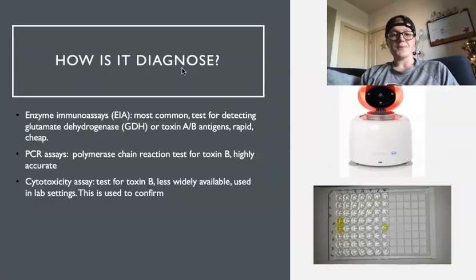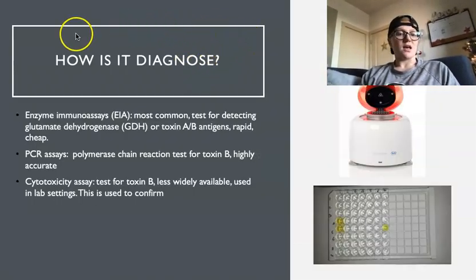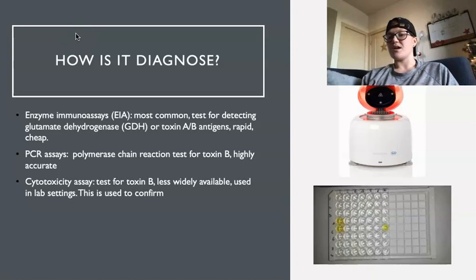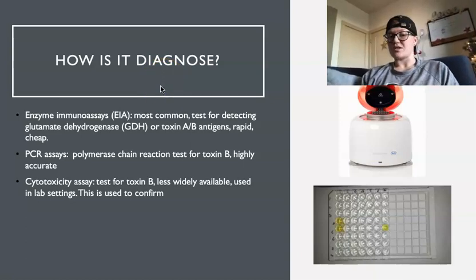From some people being asymptomatic or having mild cramping and diarrhea, they could go into kidney failure, sepsis, or death. How is it diagnosed? There are tests done, and one of the tests is the enzyme immunoassay, or EIA, which is the most common test, and it tests for glutamate dehydrogenase antigen or toxin A and B. EIA is the most rapid and cheap, but there can be a false negative.